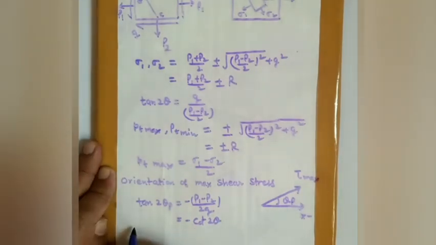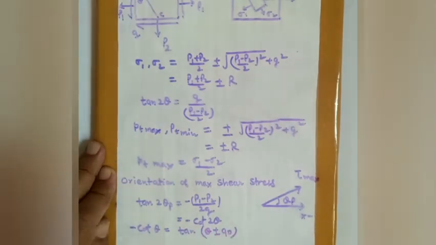And we have the trigonometric relation minus cot theta is equal to tan of (theta plus minus 90). So instead of minus cot 2 theta, we can write tan of (2 theta plus minus 90).